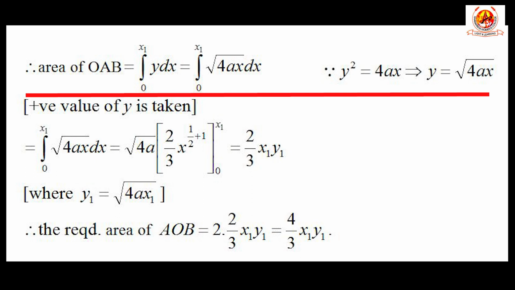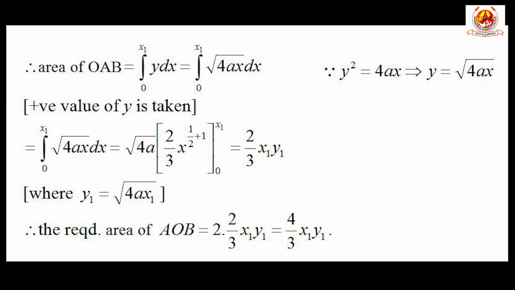So this is equal to integration from 0 to x1, y is represented by under square root of 4ax dx. We take here in this case only the positive values of y. So now this becomes integration from 0 to x1 under square root of 4ax dx.